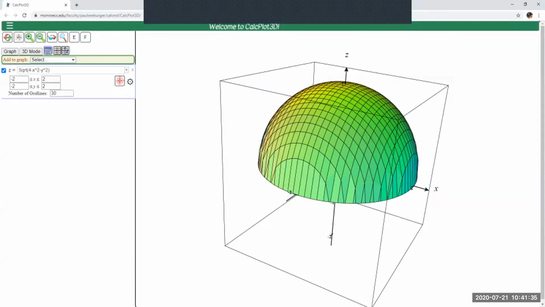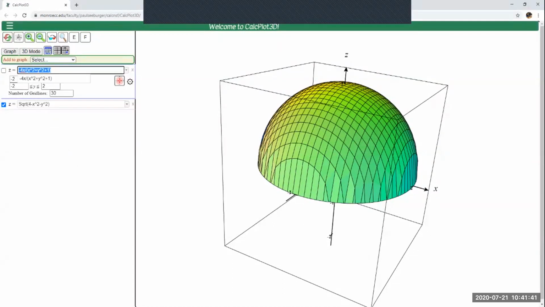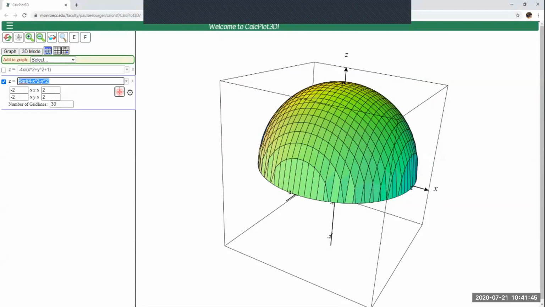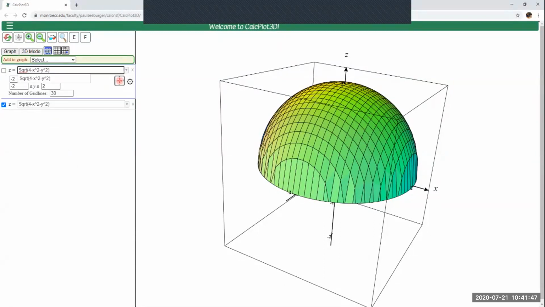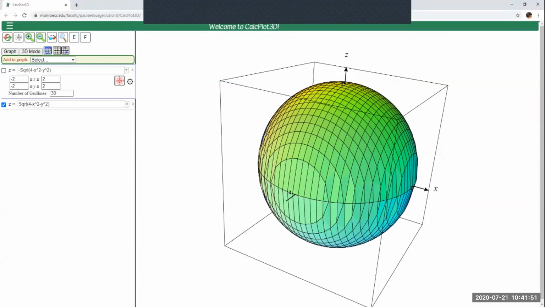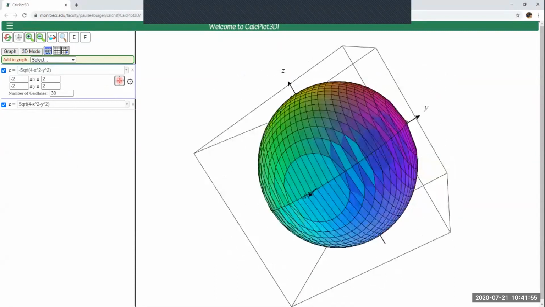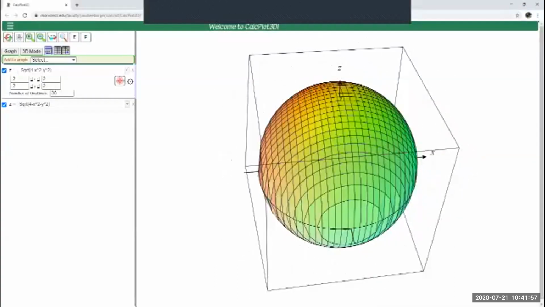So we need to add another equation, which is basically the same thing with minus, because z is plus or minus this thing. If we took the square root, it would be plus or minus. So together they would give us this thing.